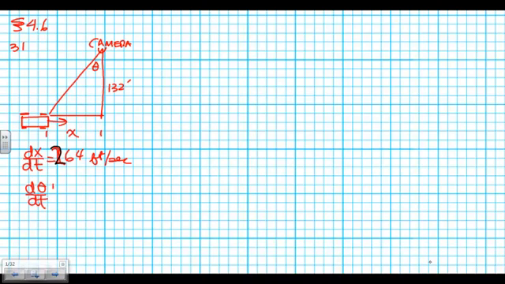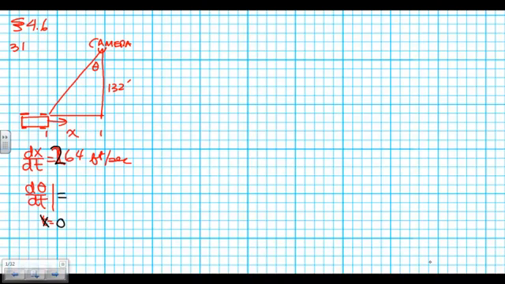And they want us to do this when the car is directly in front of the camera. I'm going to say that means we want to find that value when x is 0. So that's the question they're asking.